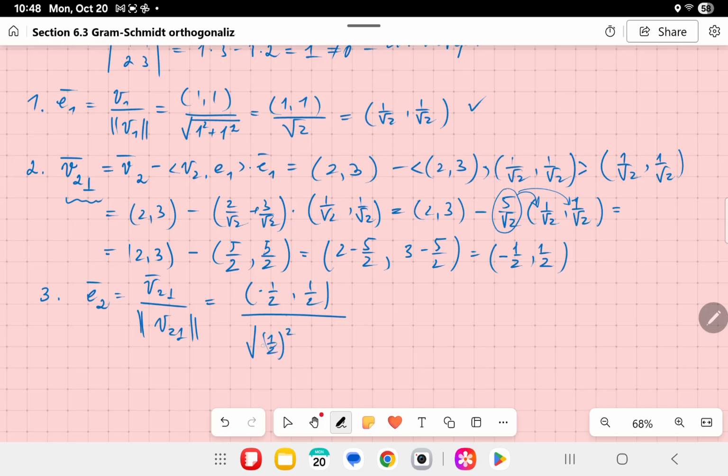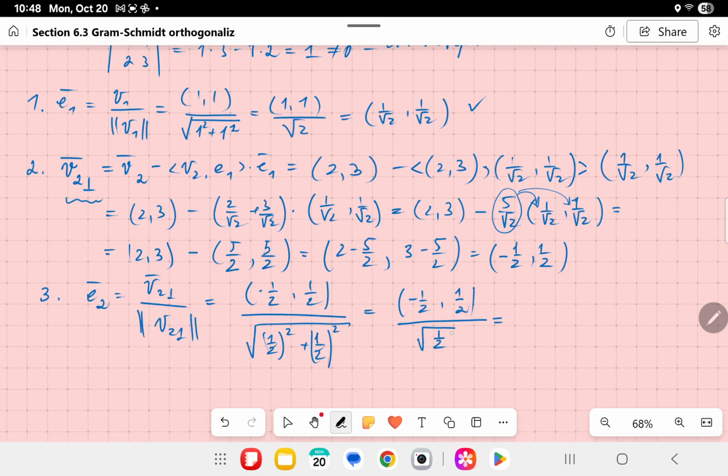Here it's supposed to be minus, but I know that minus squared is going to produce just the positive value, right? Plus 1/2 squared, and the square root. I'm very close to the end, and you probably see why 3 vectors is going to be much, much longer. I'm almost done. So 1/4 plus 1/4 is going to be 1/2. So the square root of 1/2.